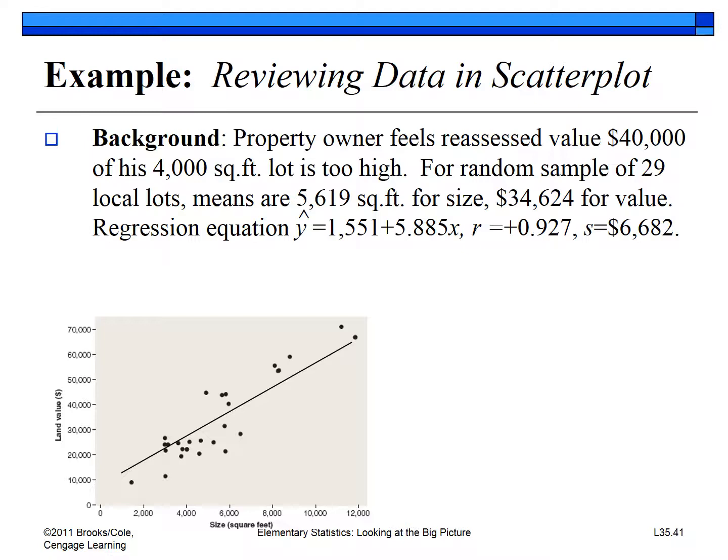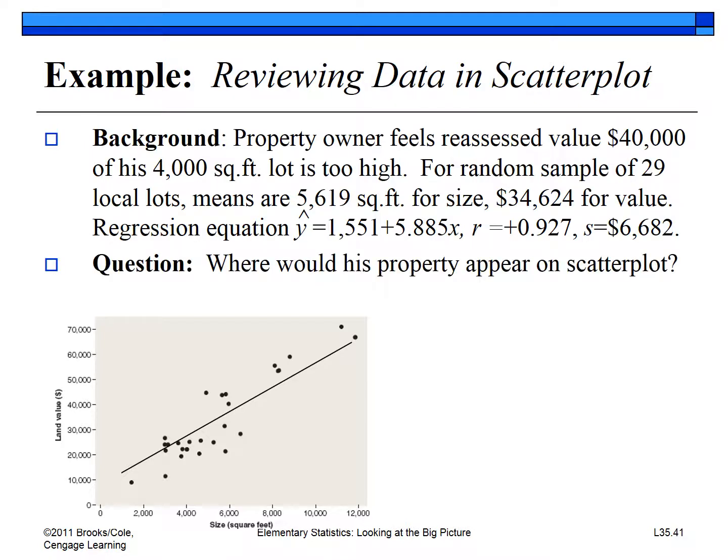The mean of the areas of the lots was 5,619 square feet, and the average value was $34,624. So there you see those points plotted, and we have the regression equation. We have a very big R value, 0.927, and the typical residual size is about $6,700.